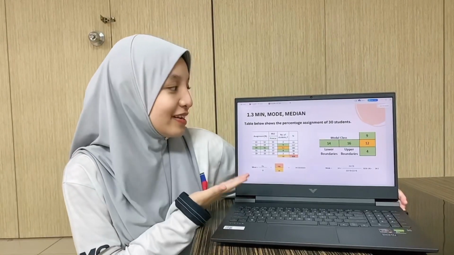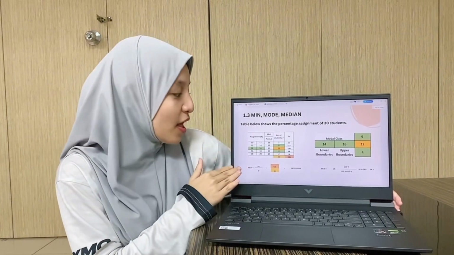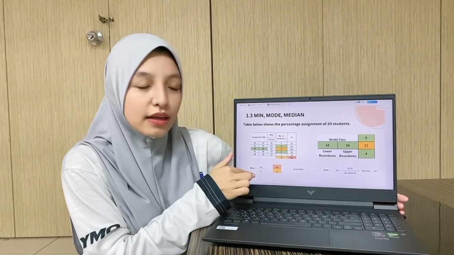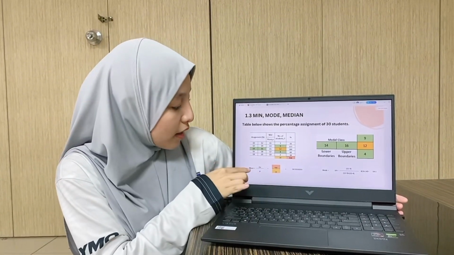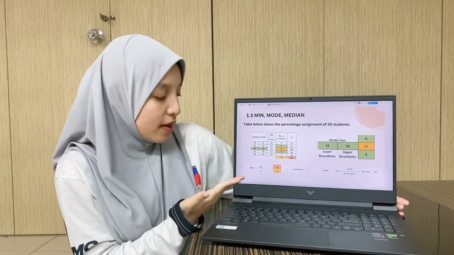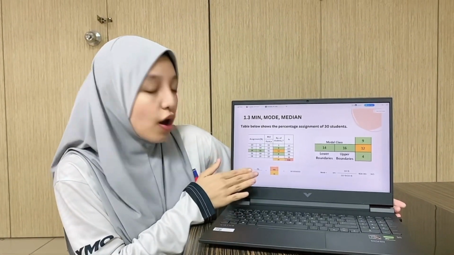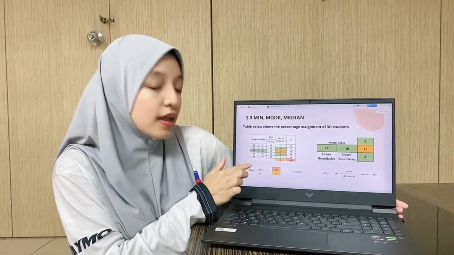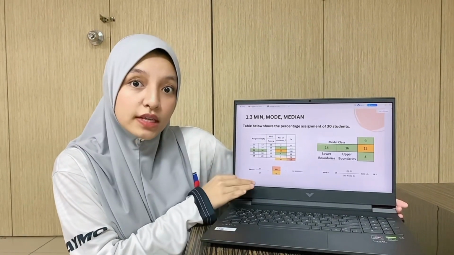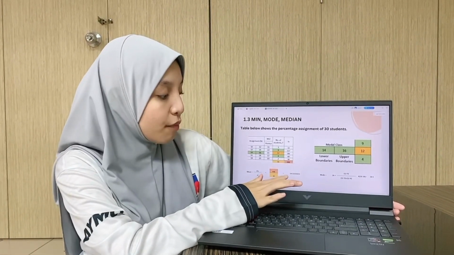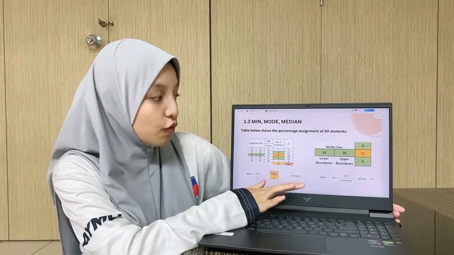Next, for 1.3, which is mean, mode and median, we can see from the table above that we convert all the data into the calculation here, with the formulas taken in here. To find mean, we need the value of fx, which is 436, divided by the value of f, which is 30 students, and the number we got is 14.533333.